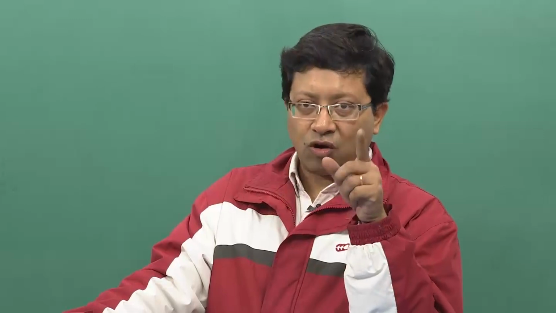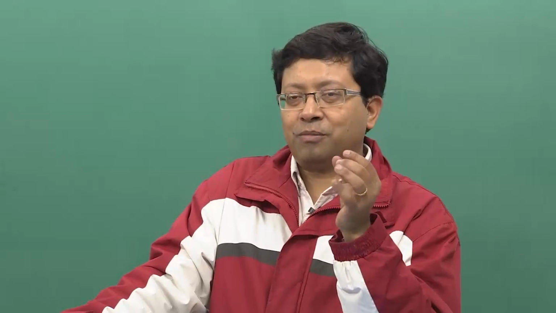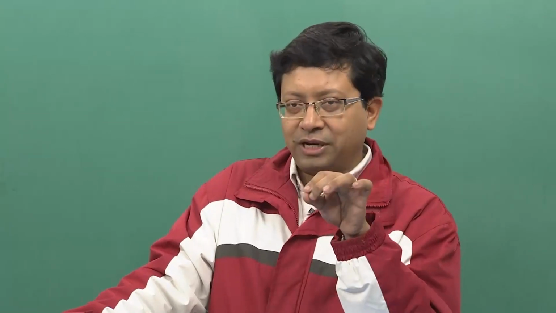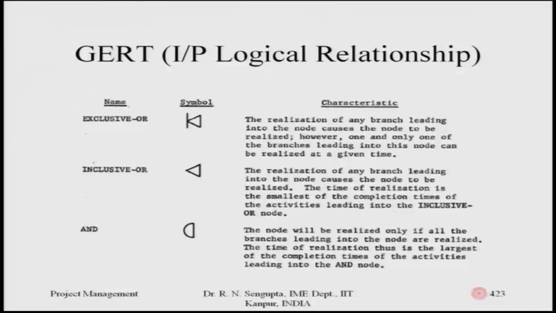So, in that case, all of them have to be done; the moment the last switch is put on, I am considering the switch as a very simple concept of the job, and once it is completed, then only the rest of the whole project can start. So, if you read these characteristics once again for a better understanding, you will understand what I am discussing.